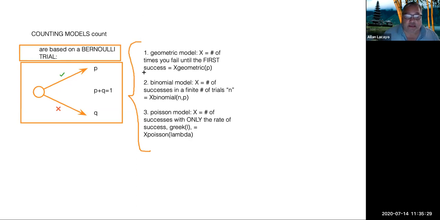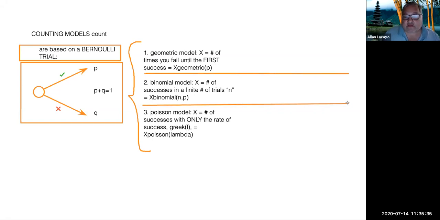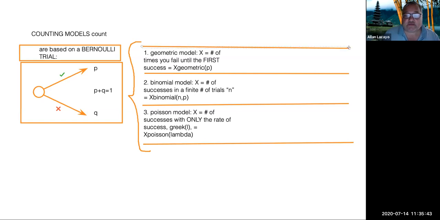Now, in these three counting models, the way we compute expectations and the way we compute deviations is going to be manual. It's going to be using data to compute expressions in these models. So first, notice that I will put a list here of given information.